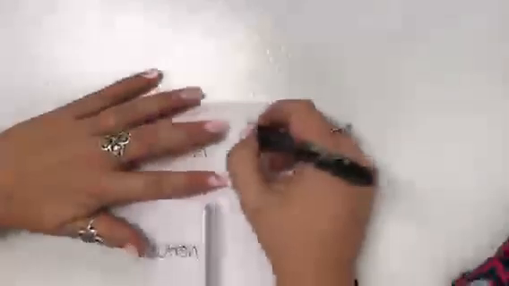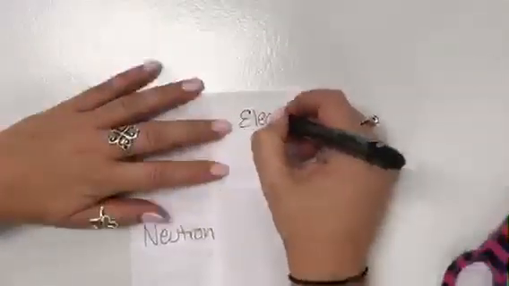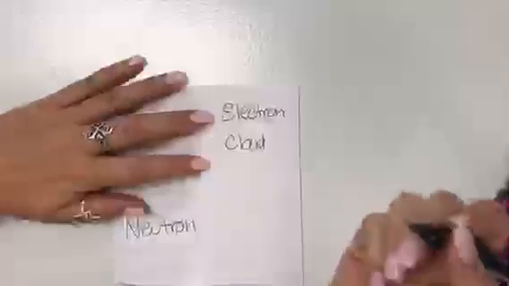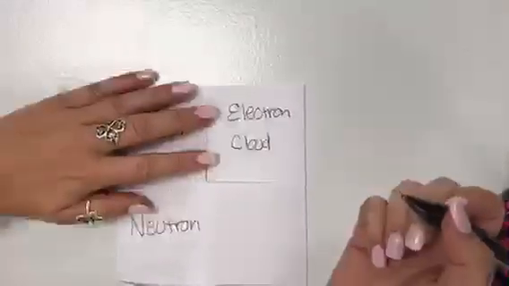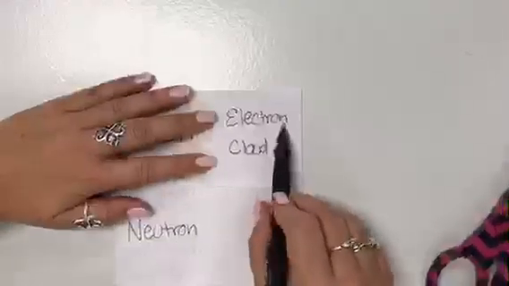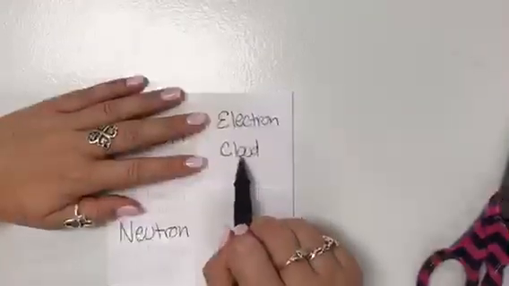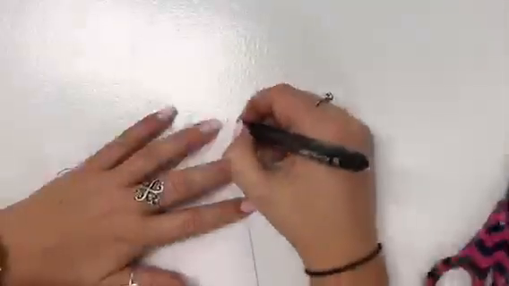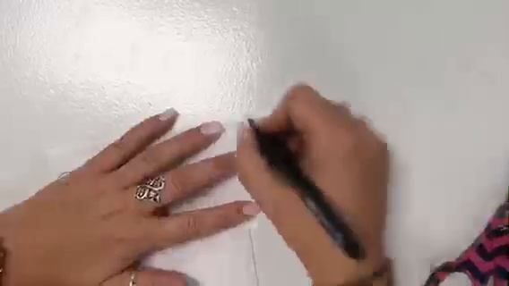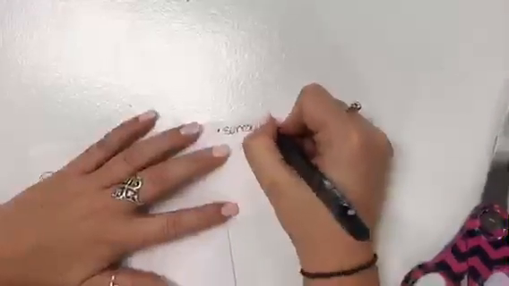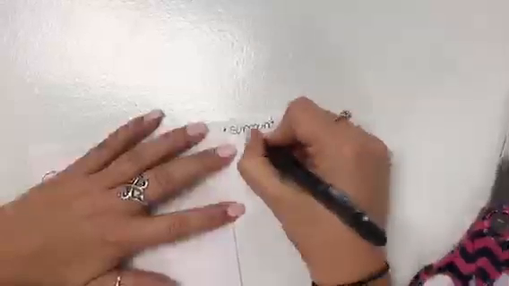Now, top right side, this is going to be the Electron Cloud, which has a bunch of different names, but for today we're just going to use Electron Cloud. E-L-E-C-T-R-O-N, Cloud is C-L-O-U-D. So now we're going to open the flap to the right, and there's 3 things we need to know about an electron cloud. Number 1 is the electron cloud surrounds the atom.